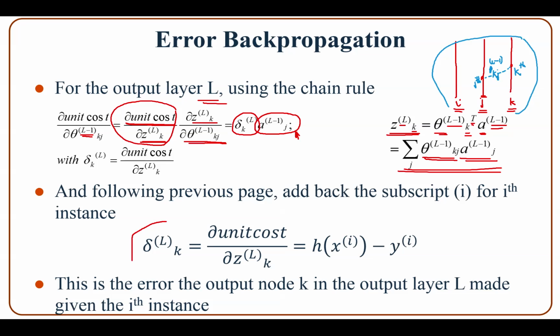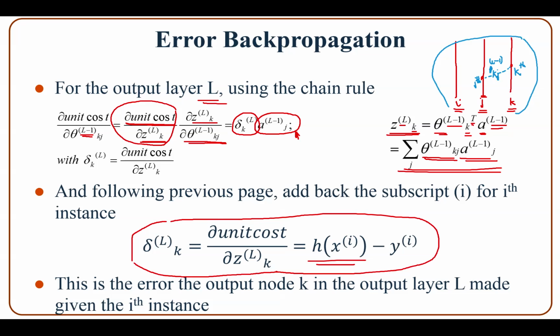And also following the previous page, delta Lk, which is the derivative of the unit cost with respect to z Lk, is actually h evaluated at xi minus yi, and this is the error that the output node k in the output layer L made given the ith instance.